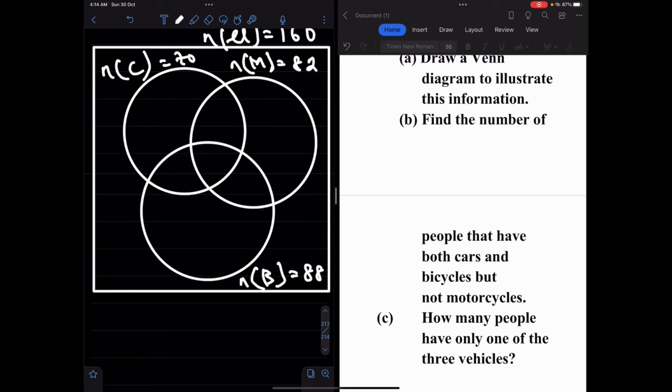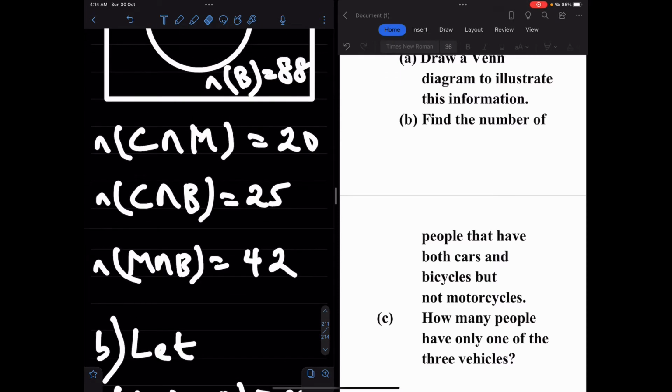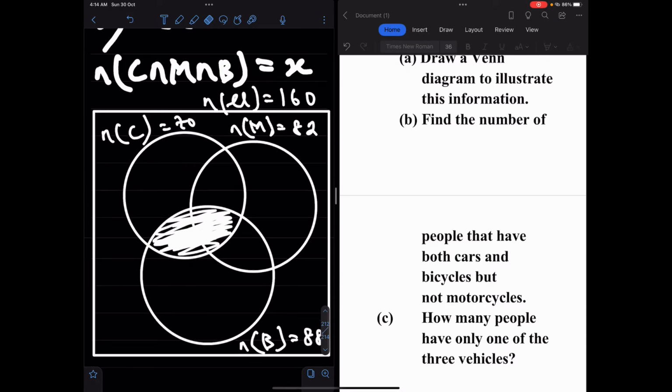Now, the whole of this represents the number of people who have cars and bicycles, and that is C intersection B, which is 25, and they want us to find the number of people that have both cars and bicycles but not motorcycles. So that's this place, the number of elements in this set.